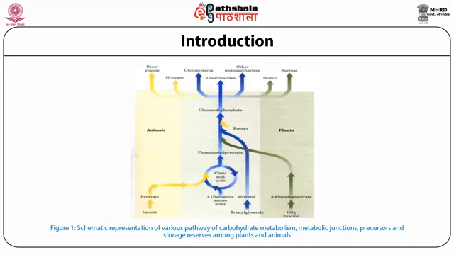For storing energy reserve or for generating energy from reserved substrate, discrete pathways are designed. Various stored reserves are glycogen, starch, glycoproteins, disaccharides such as sucrose, and monosaccharides such as blood glucose.